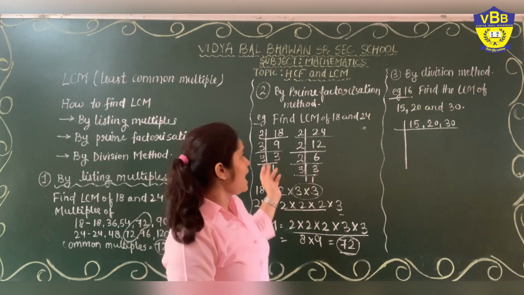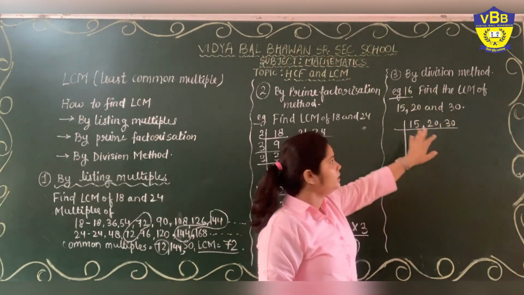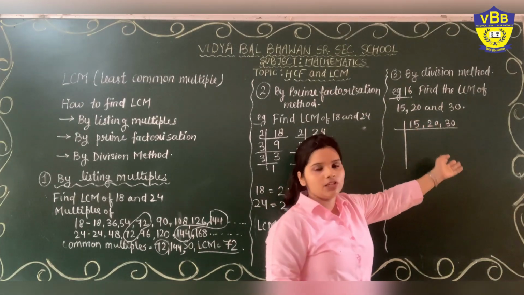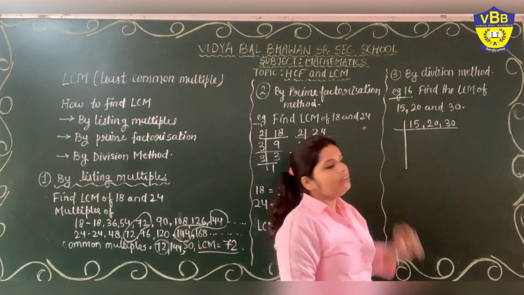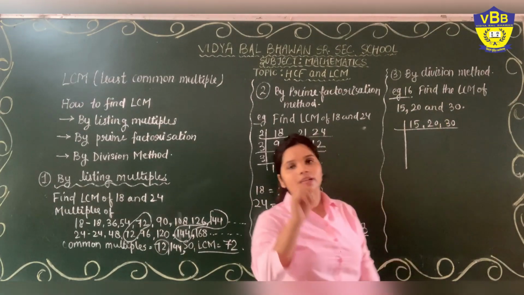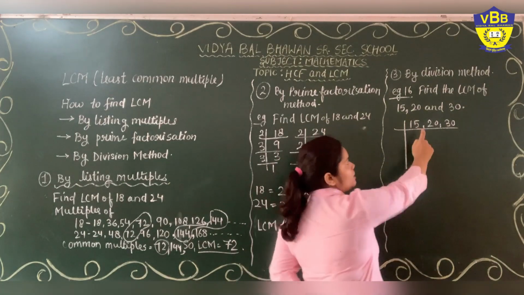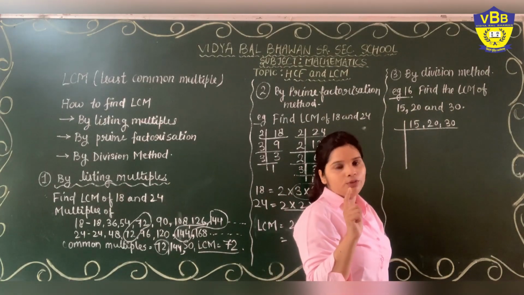Now, as we are not doing prime factorization separately, we need to check whether any of the three numbers is divisible by 2, yes or no. You can see 15 is not divisible by 2.